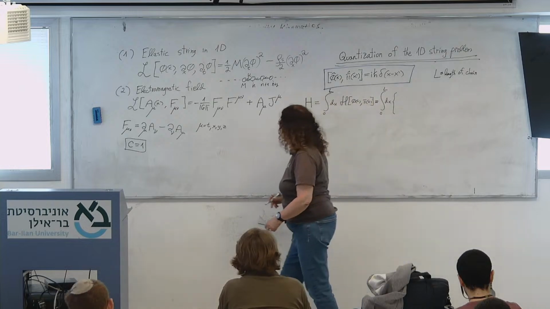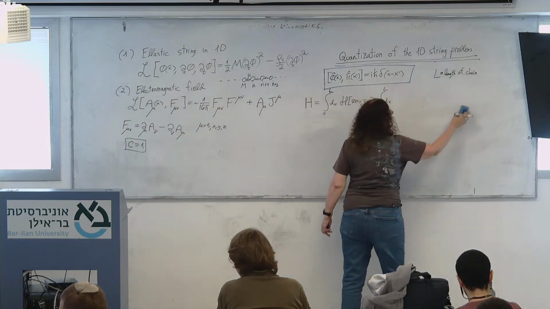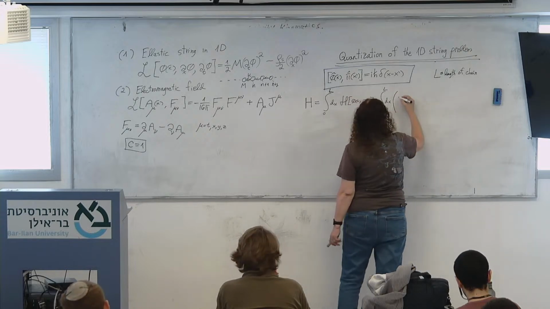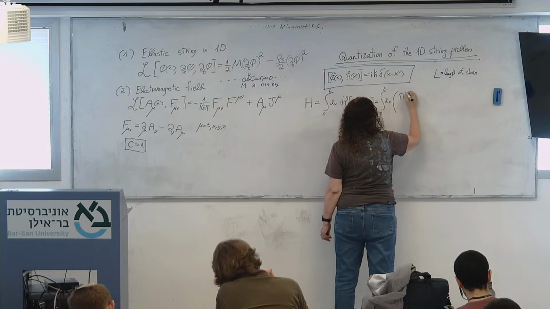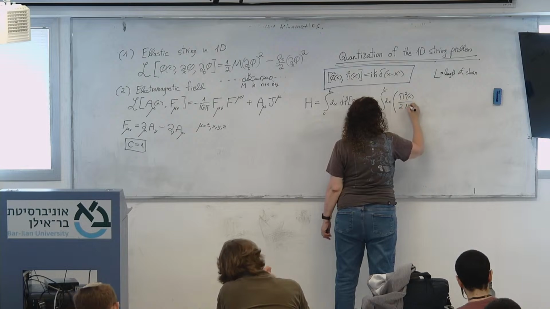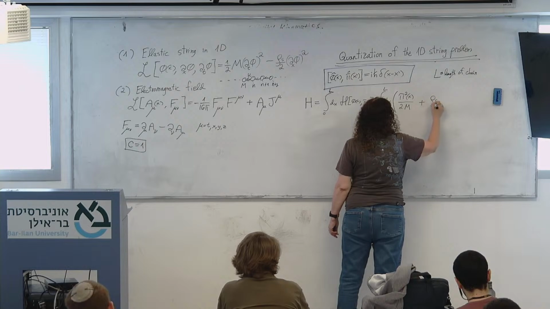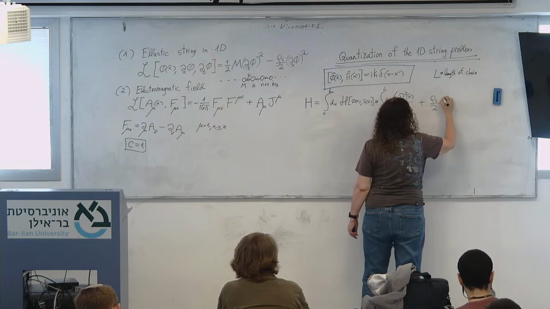So it's pi squared over 2m plus rho s over 2 grad phi squared.